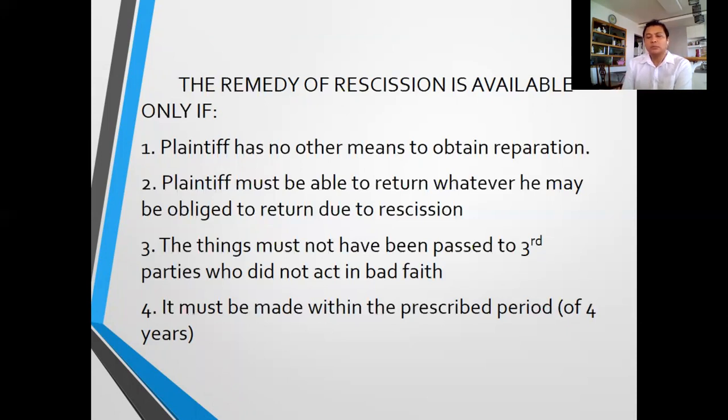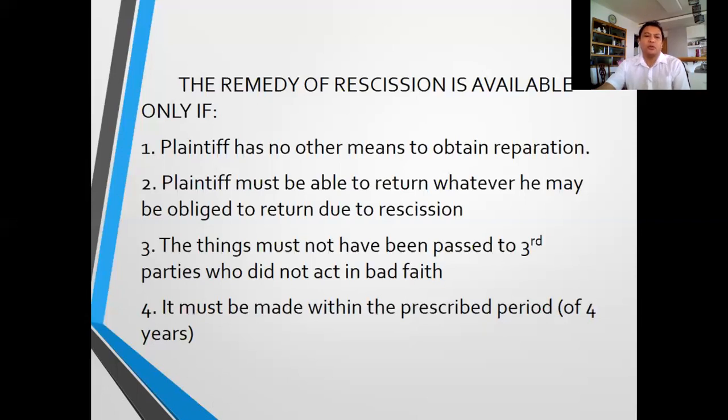So if I will speak in Visayan, the property sa ward, nabaligya na sa lain nga tawo, the buyer. So the buyer has already transferred or sold that property to another person.